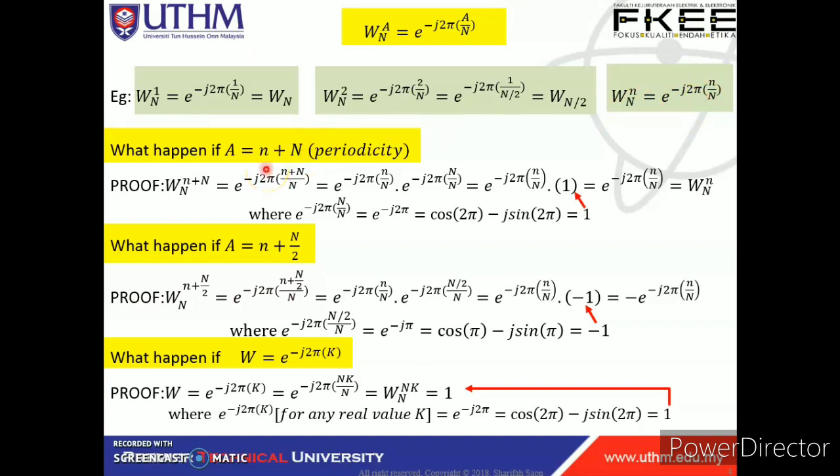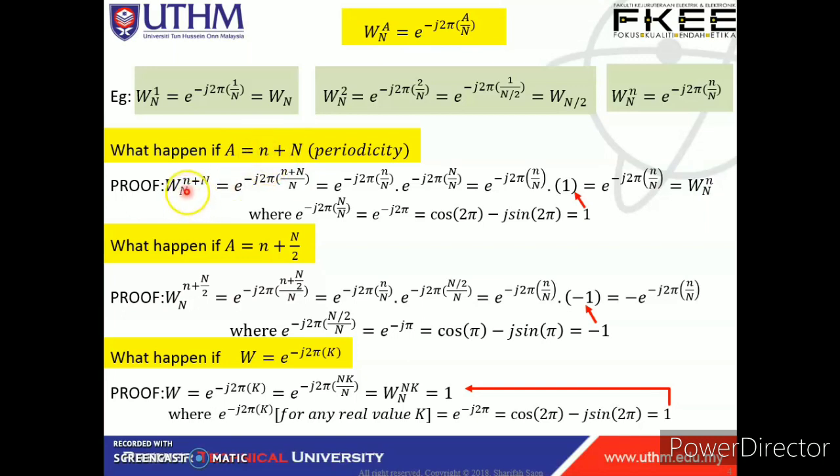So what happens if we change A to n plus N, the number of samples? This is the periodicity property, where it will give you the same value because it is repeated at the number of samples. For example, if n equals 2 and the number of samples is 4, then 4 plus 2 will also equal the value of 2.